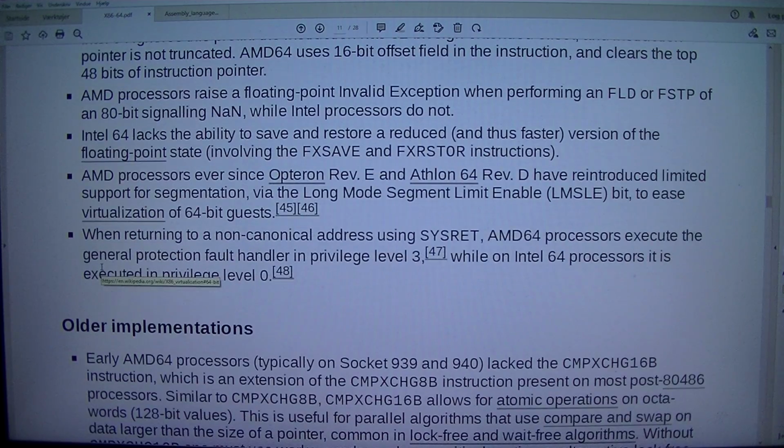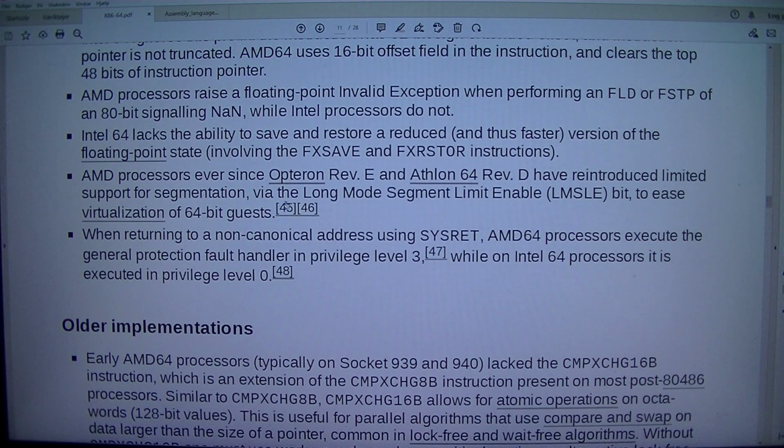AMD processors raise a floating point invalid exception when performing an FLD or FSTP of an 80-bit signaling NaN, while Intel processors do not. Intel 64 lacks the ability to save and restore a reduced, and thus faster, version of floating point state, involving the FXSAVE and FXRSTOR instructions.